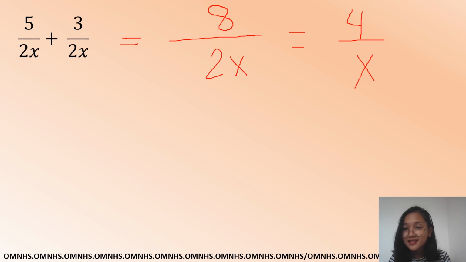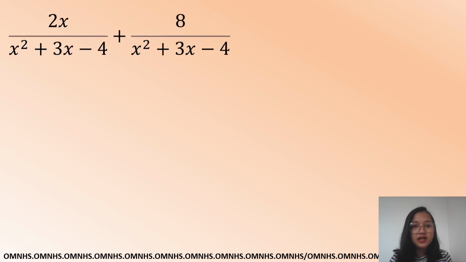Okay, next example. We have 2x all over x squared plus 3x minus 4 plus 8 all over x squared plus 3x minus 4. They have the same denominator. We just copy the denominator, which is x squared plus 3x minus 4.